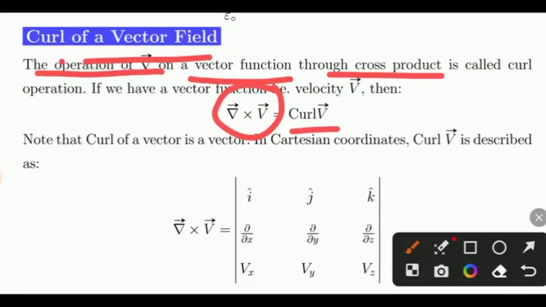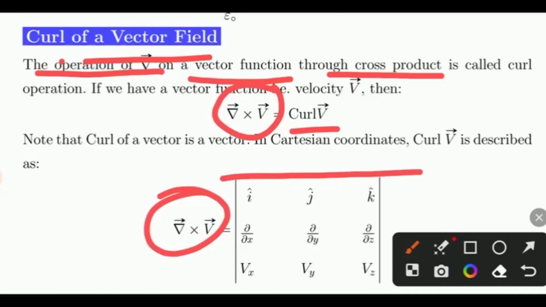In the cross product, in our previous lecture, we have seen that we can evaluate the cross product by using the determinant properties. So here you see a determinant: del cross V is equal to the first row representing the respective i, j and k directions. Then the second row expresses the del operator, partial over partial x, partial over partial y and partial over partial z.